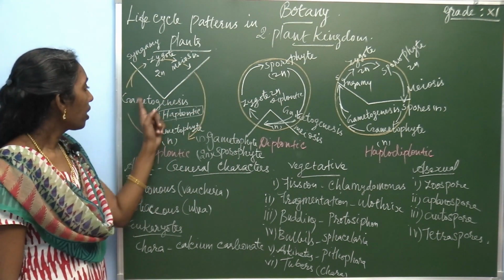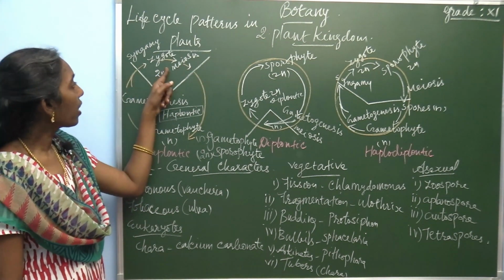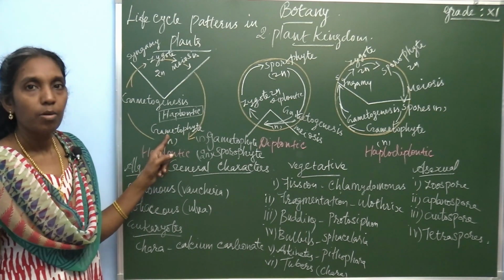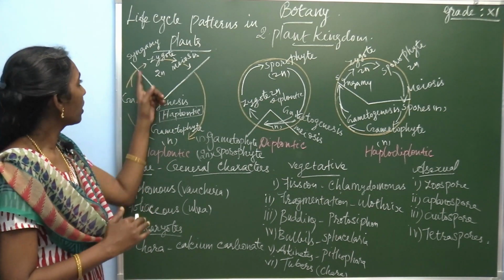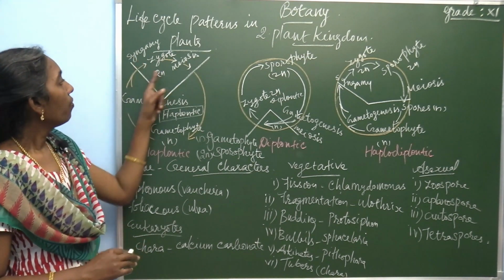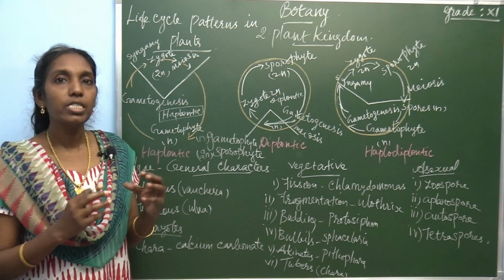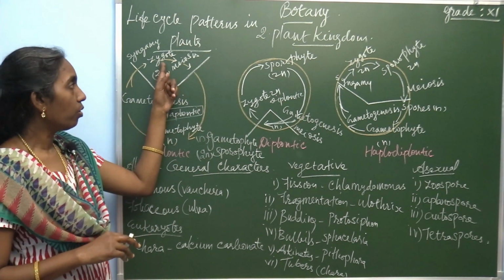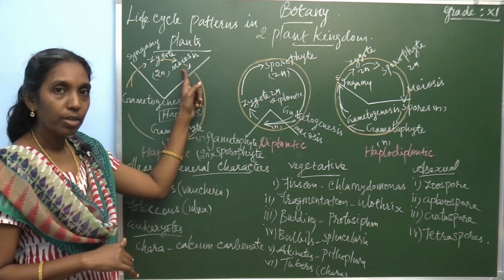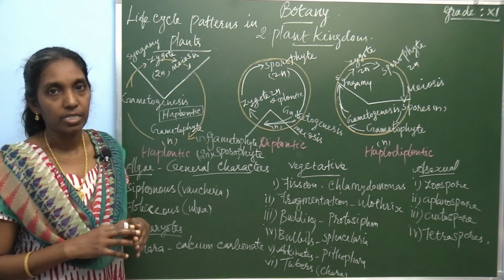When the male and female gametes fuse together, it forms a zygote, and the process is called syngamy. When 2N is developed, the zygote undergoes meiosis, and after meiosis it produces haploid gametes again.